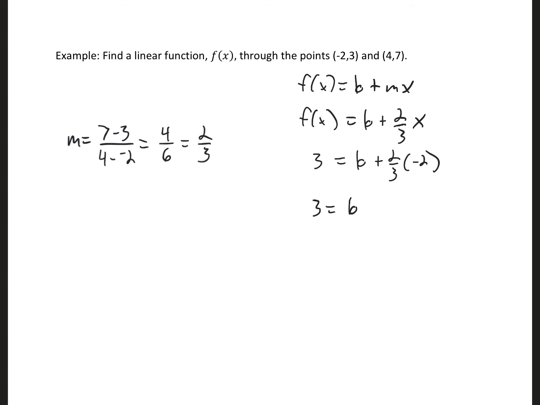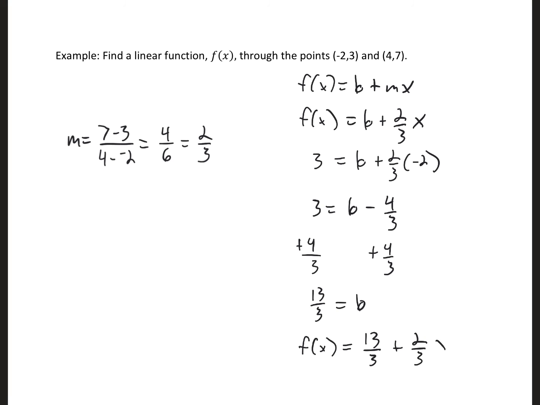So 3 equals b minus 4 over 3. And if we add 4 over 3 to each side, b is going to equal 13 over 3. So we get the function f of x equals 13 over 3 plus 2 over 3x.